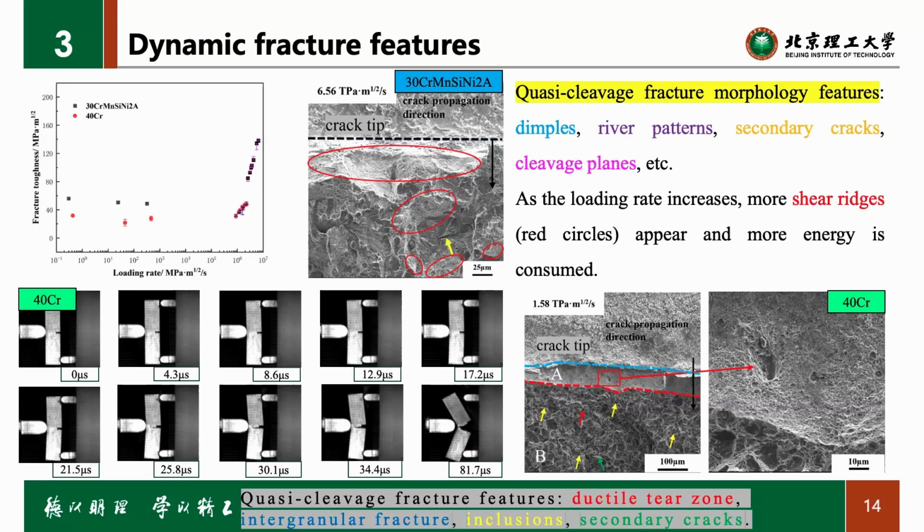For the two steels, both materials show the quasi-cleavage fracture morphology features, like the river pattern, a secondary crack and cleavage plate as well. And this picture shows the failure process captured by the high-speed camera. And at 17 microseconds, the crack initiates.